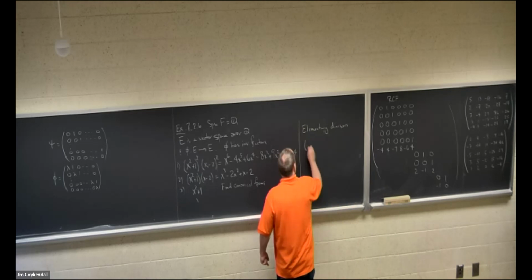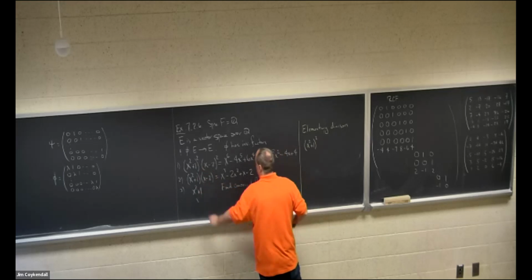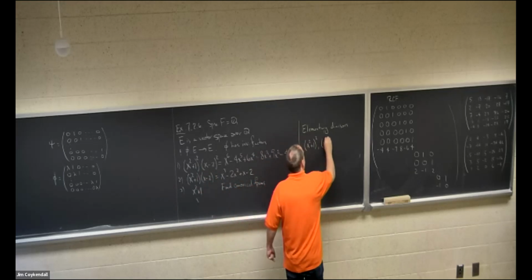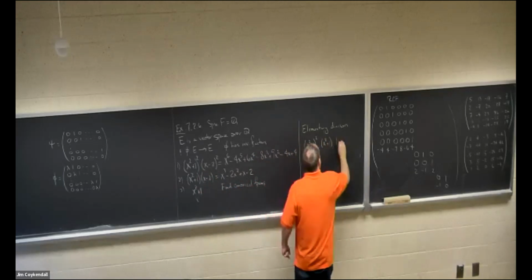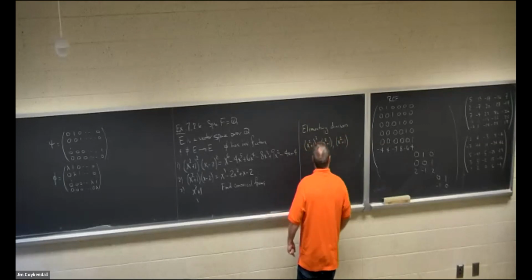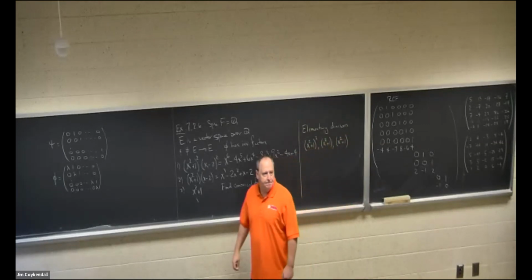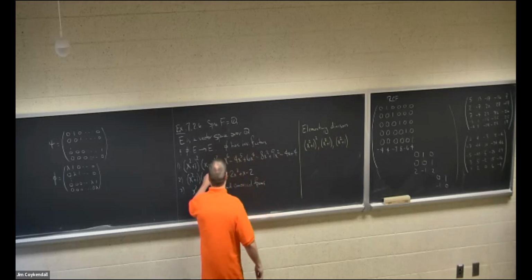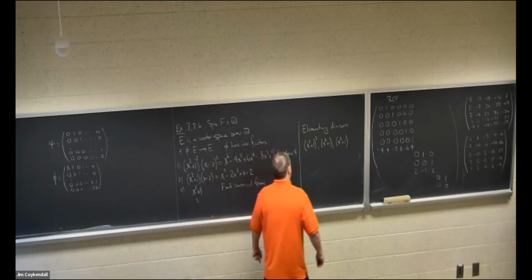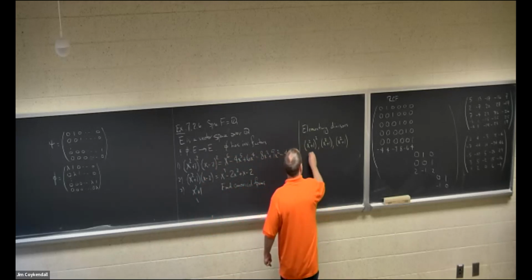So my elementary divisors are x squared plus 1 squared coming from this, x squared plus 1, and x squared plus 1. Right. And my elementary divisors off of here are, and by the way, I'm going to write this one out here.